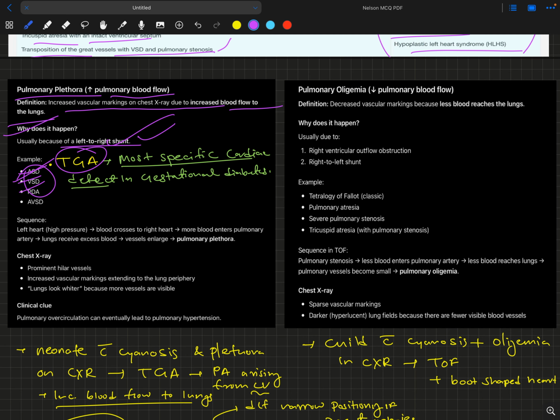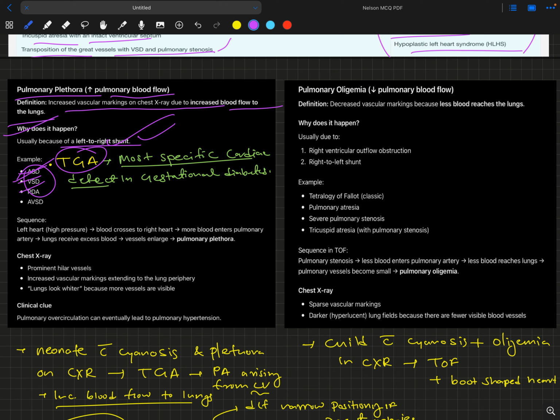The left ventricle has more pressure inside, so when the left ventricle pumps through the pulmonary artery, that leads to increased pulmonary blood flow to the lungs. Instead of connecting to the right ventricle, when the pulmonary artery is connected to the left ventricle, due to high pressure in the left ventricle, more blood is pushed into the lungs via the pulmonary artery.